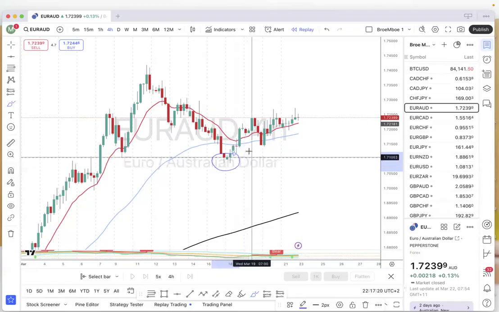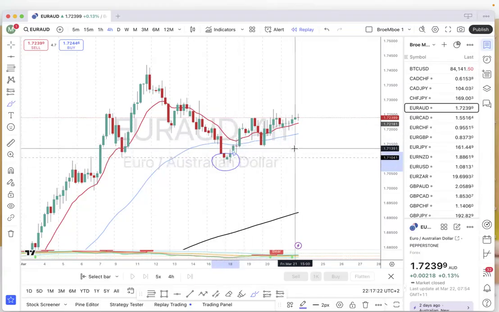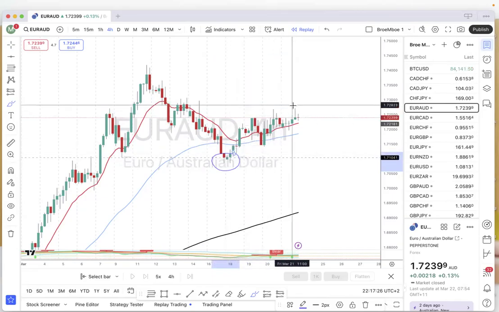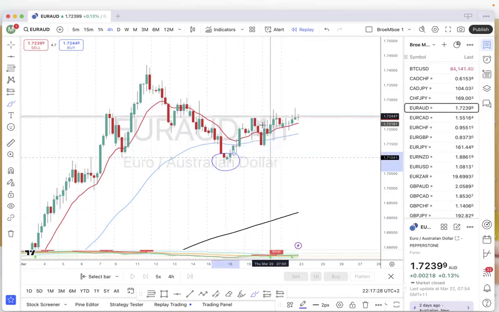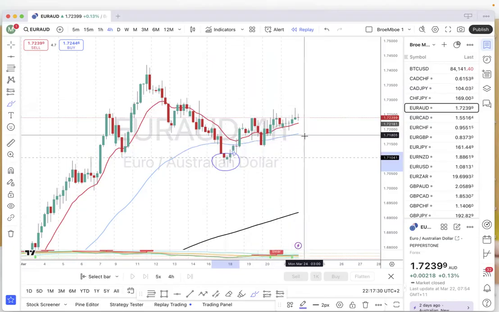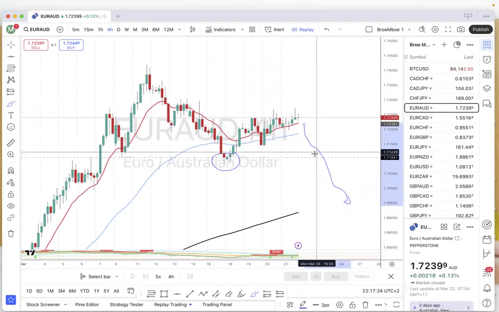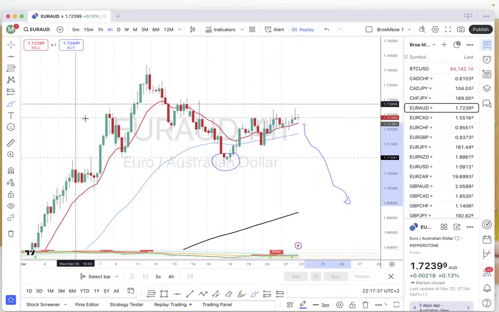But then I did send this setup, by the way, saying the market will come back into the range. And it did come back into the range. But for 4 days, I did not see any reaction, whether we were going to sell or continue with a buy. It didn't do anything.